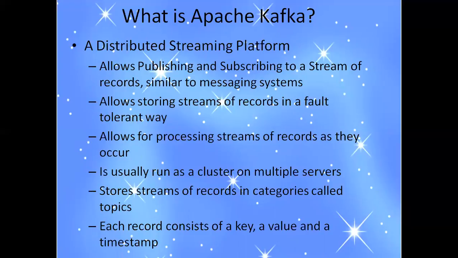You can publish messages, and Kafka makes this fault tolerant, which means it maintains a replica of the message on different nodes. So if one node goes down, it still knows how to get the same message on a different node that's up and running. So it's fault tolerant that way.